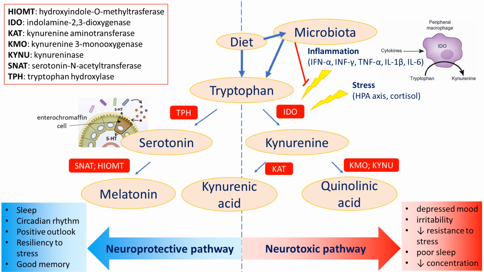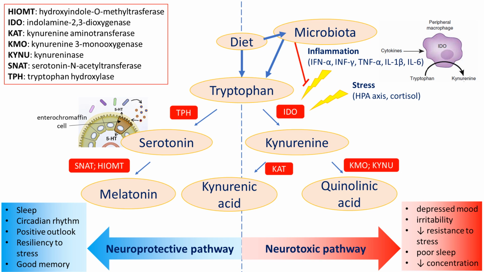When someone has sufficient levels of tryptophan and is shuttling it down this neuroprotective pathway, they will have restful sleep, a balanced circadian rhythm, a positive outlook and resiliency to stress, and a good memory. However, the presence of inflammation and even stress and excess cortisol can turn tryptophan into kynurenine and drive it down this neurotoxic pathway.